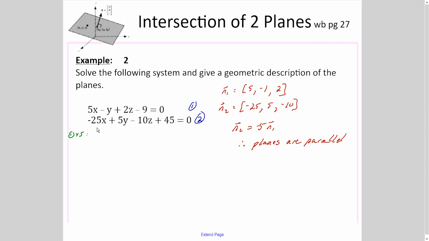And I'm left with 25x subtract 5y plus 10z subtract 45 equals 0. Now I'm going to take equation 2 and I'm going to subtract equation 1 from it.